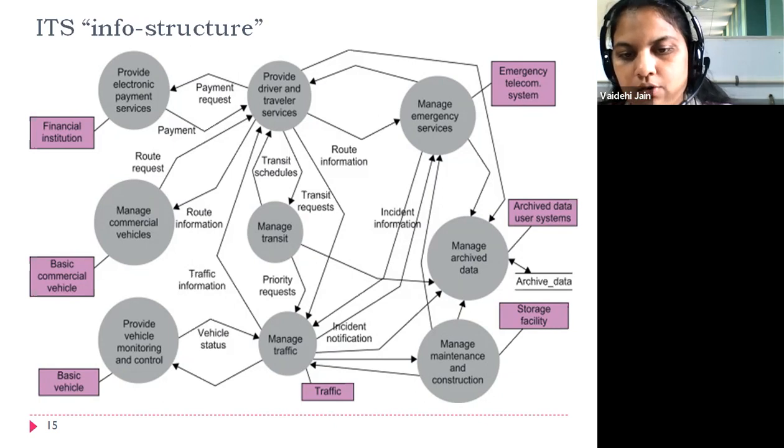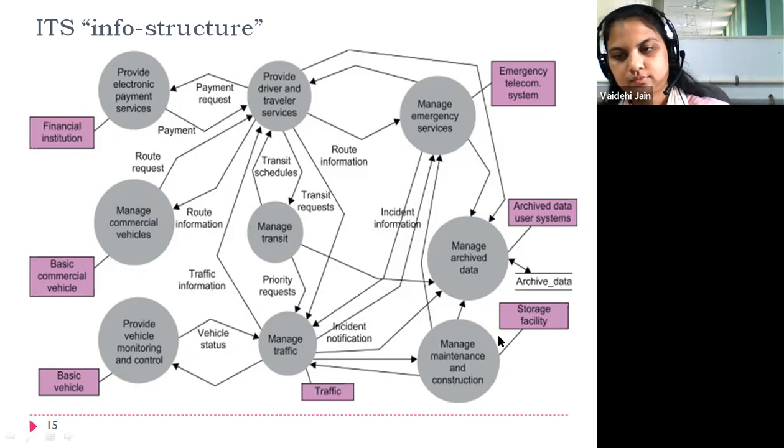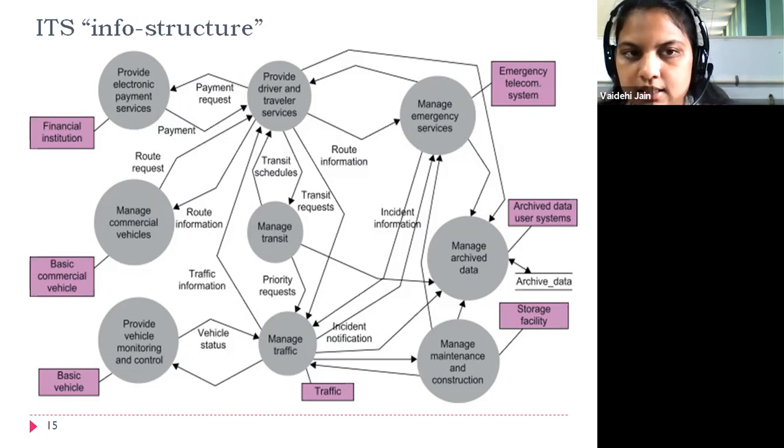Fine. Now, once you have the data, the service station or the storage facility of data is required. So another term is a service station or the storage facility. Then the financial institution comes into the picture, and it plays a very crucial role in this ITS system.